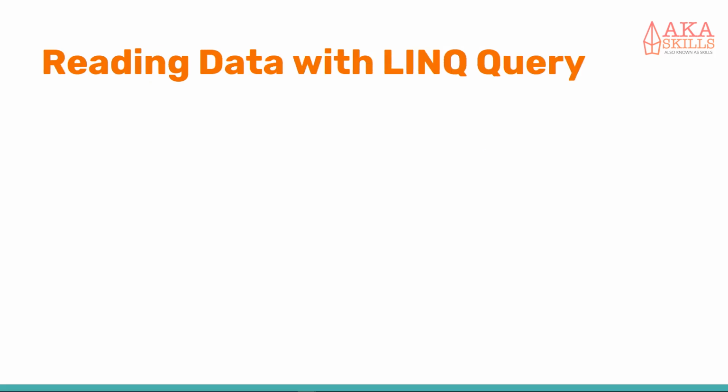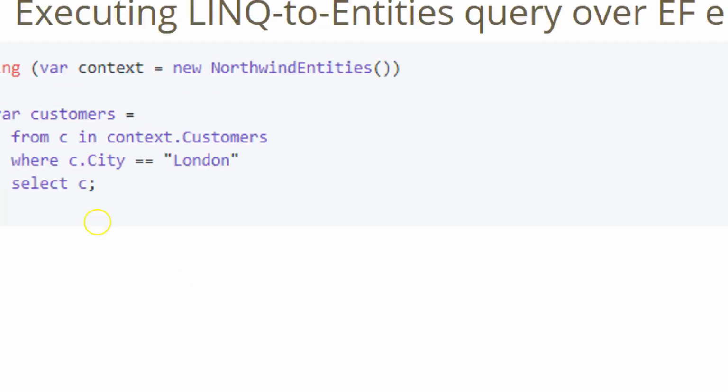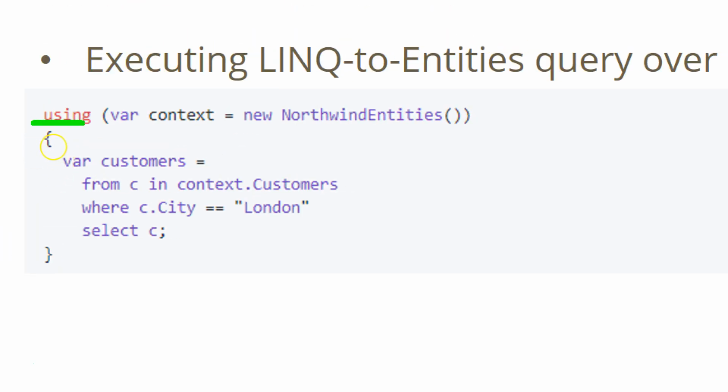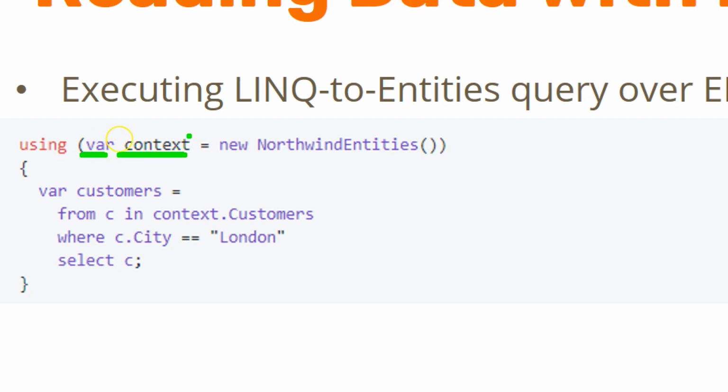Now, how can we read data with a LINQ query? Executing LINQ to Entities queries over Entity Framework. Basically, we're saying, first we're giving using. Why? Because when we open our database, if we forget to close it, it will be automatically closed when we go out of this code. So we say var context, that's the instance of our database, is equal to new NorthwindEntities.